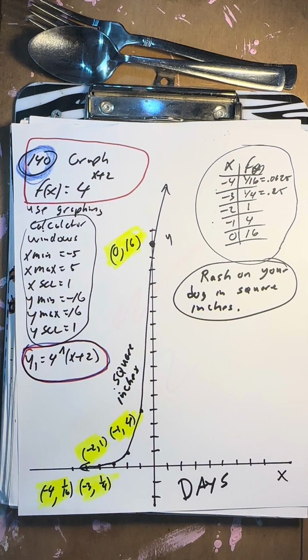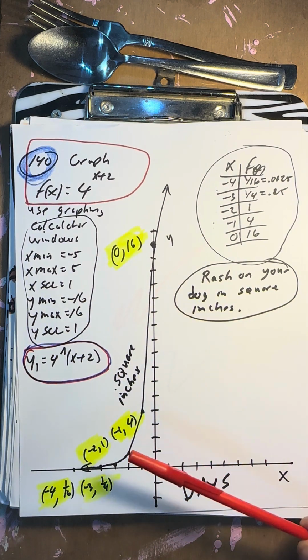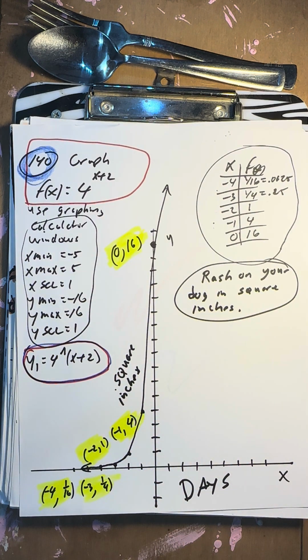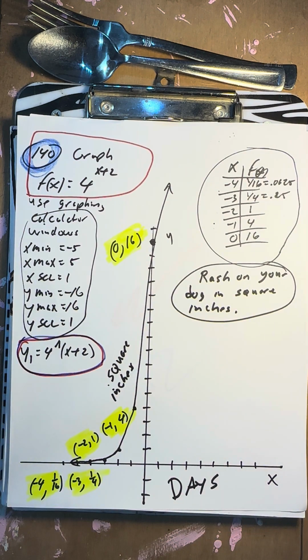If you don't set it in there, your ranges are going to be out of there. Domain and ranges are out of there. Set that in on your machine. Put it in there, hit the graph on the graphing calculator, you'll get those numbers right there. Okay, again, when you put it in there, make sure you put it like this, 4 to the power of x plus 2, in parentheses. All right, does that make sense? Hopefully. Yes.